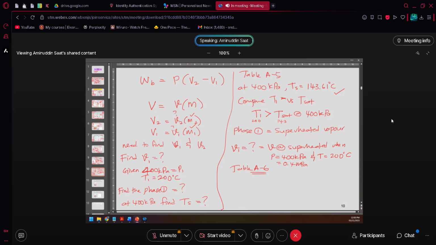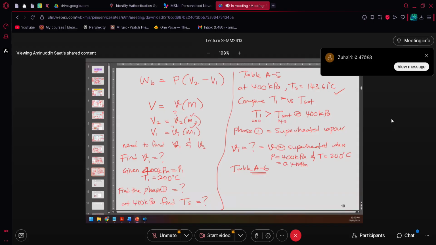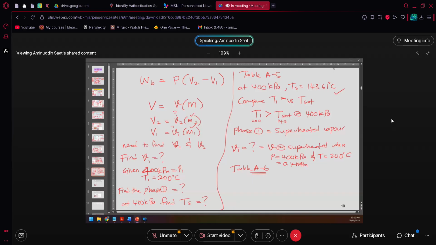So you open table A6, 0.4 megapascal, temperature 200. So the corresponding value of specific volume, how much? 0.474, 474.88.